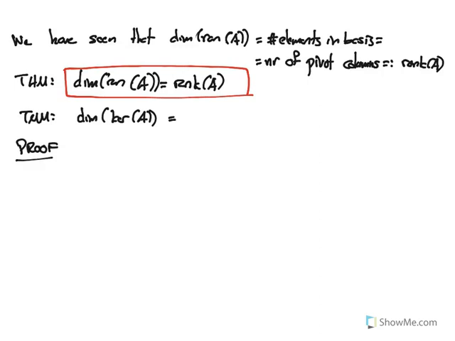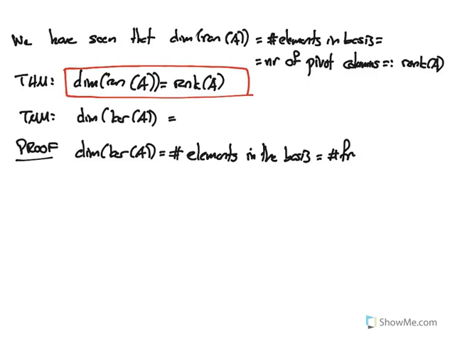Well, if we think about the algorithm that we derived, we found that, how many elements were there in the basis? Well, this was equal to the number of free variables.